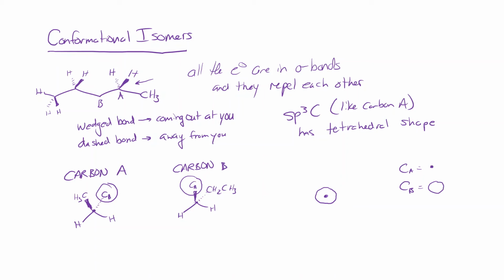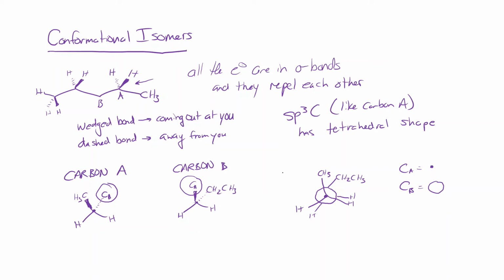Attached to carbon A, we have a CH3 group, and then hydrogens here and here. And attached to carbon B, we have the CH2, CH3, and then a hydrogen and a hydrogen. Again, these angles are offset a little bit so that we can see what they are, but really they're aligned the same way.